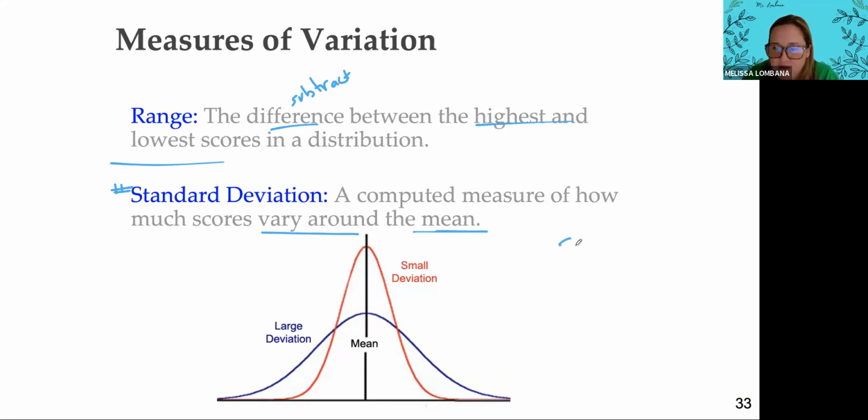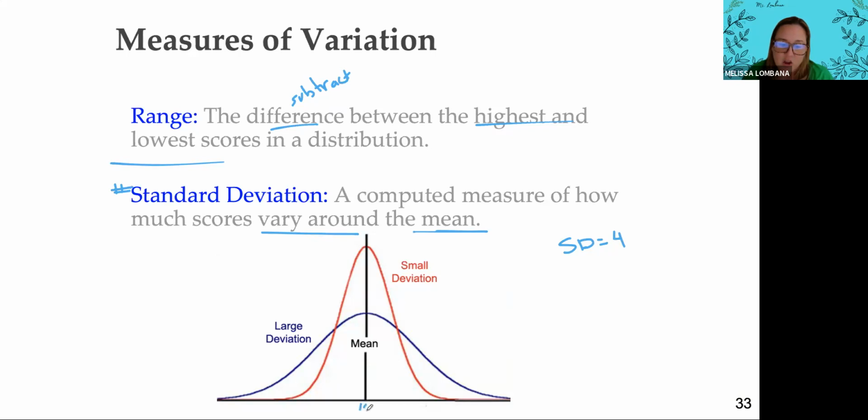If I tell you that the standard deviation is, let's say, a 4, and write this down, this just means that the scores are going to be 4 points away from the mean.